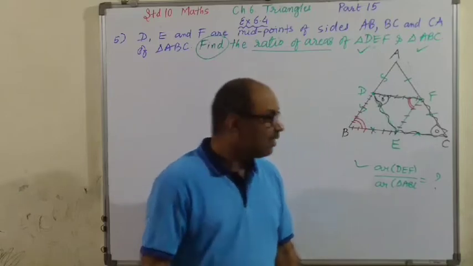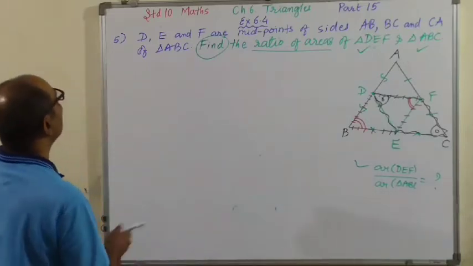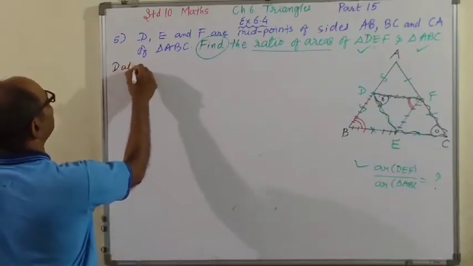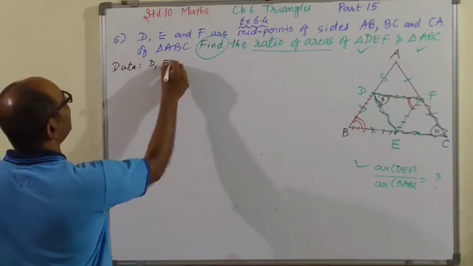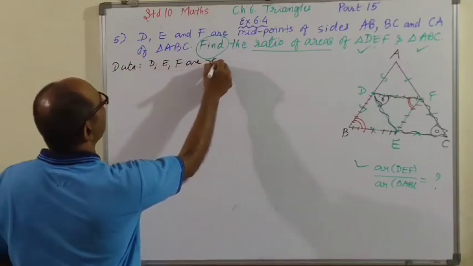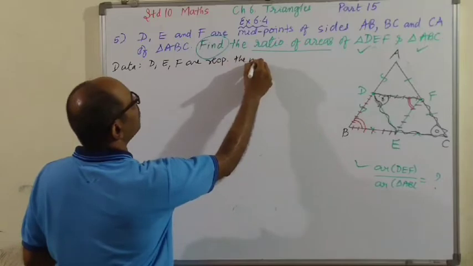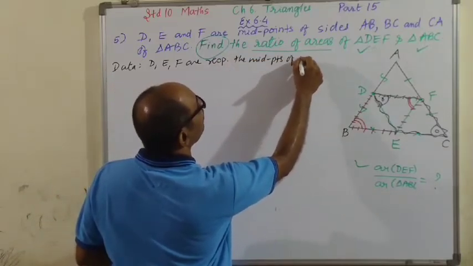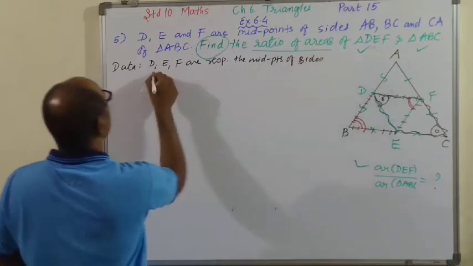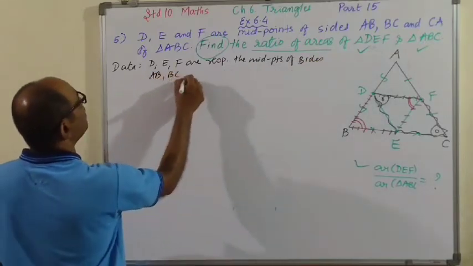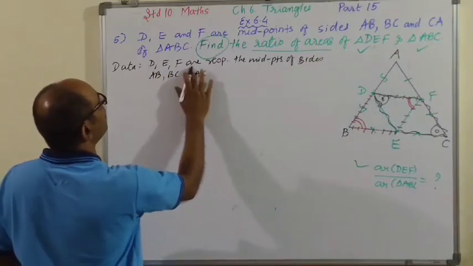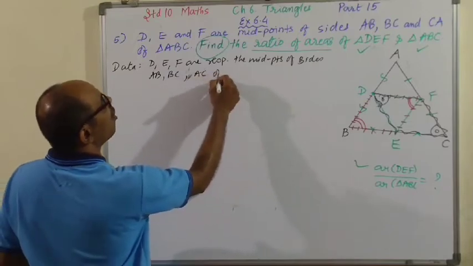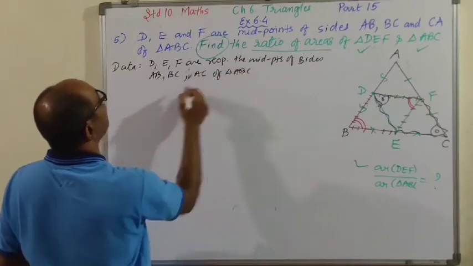Okay, let's write the data this time. DEF are respectively the midpoints of sides AB, BC and AC of triangle ABC.